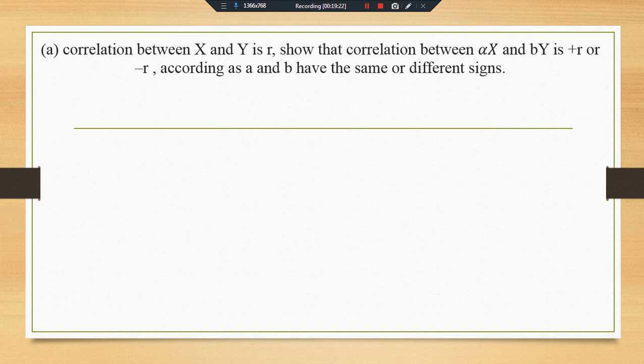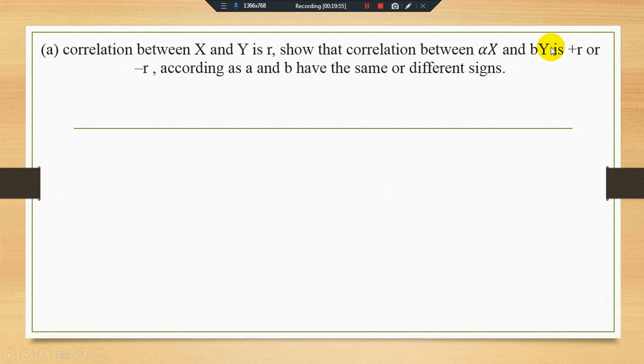Here we have two more situations and we want to learn what the sign of the group data correlation is. The first condition: the correlation between x and y shows that the correlation between ax and by is plus or minus according as a and b have the same or different signs.